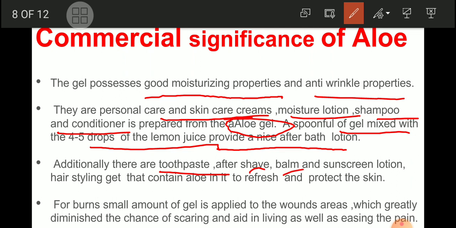Again, in balm, which is used to cure headaches. Sunscreen problems are there, so some lotions and hair styling gels contain aloe to refresh and protect the skin.